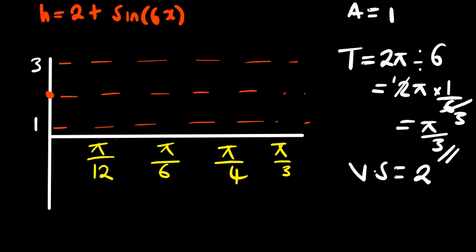Okay, so we have our point here, we have a point there, then it's going to come down, going to pass through that point, and it's going to move and pass through that point like that.